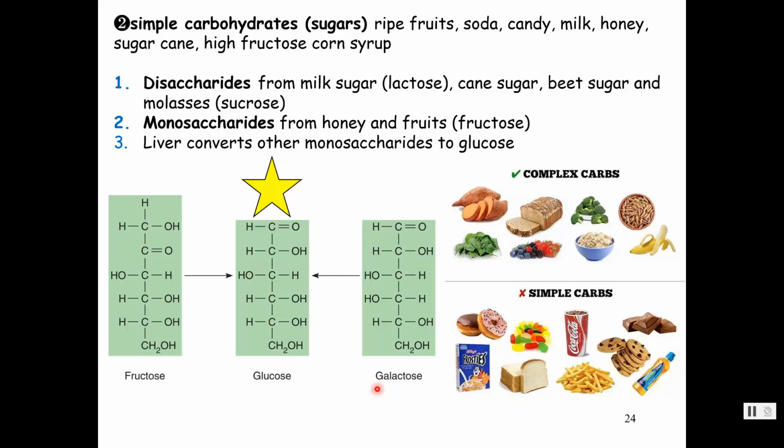Then the liver is going to take those single monomer units and convert all of them to glucose. Monosaccharides are some simple sugars that we do ingest. When you eat fruit, fruit sugar is fructose. If you eat honey, you're also eating fructose. But like I said, the liver is going to convert all other monosaccharides to glucose, and then glucose enters glycolysis.